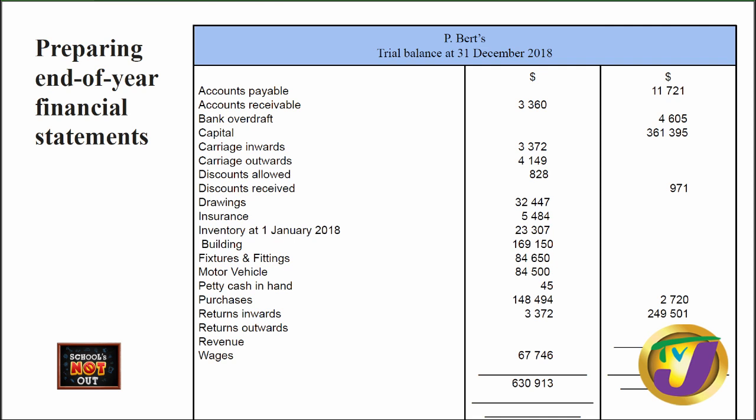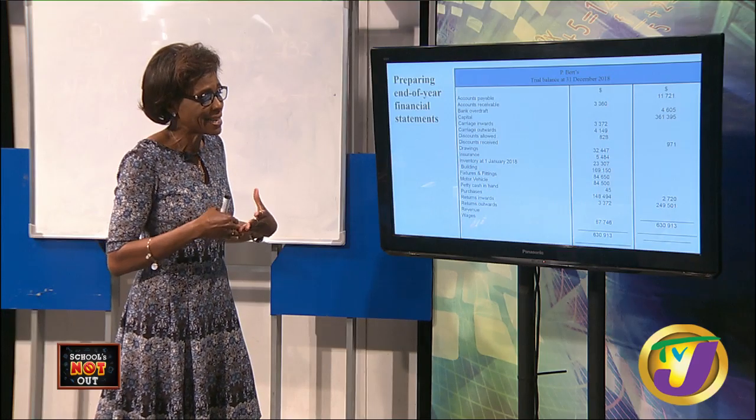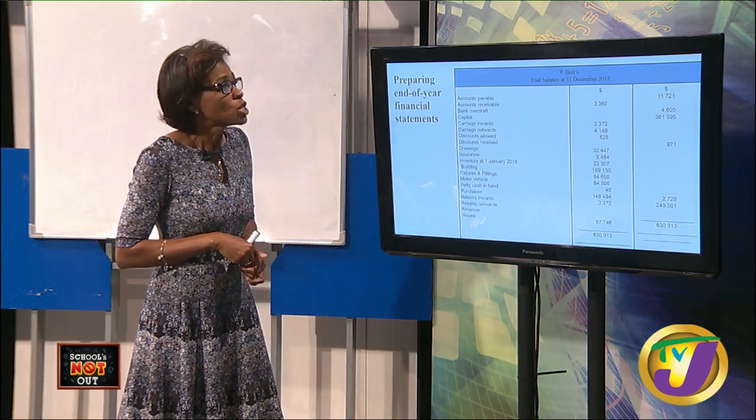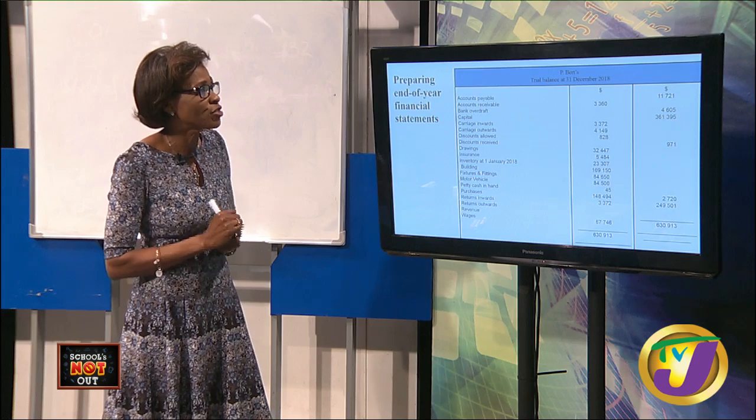So we are at that point where we prepare our trial balance, which you can see with all the balances, and it is these balances now that we're going to be using to prepare our financial statements: our income statement, the statement which shows how much profit is made, and our statement of financial position, which shows our financial standing as it relates to our assets and our liabilities.